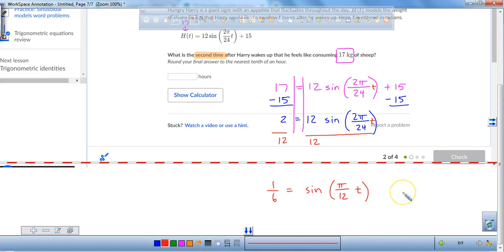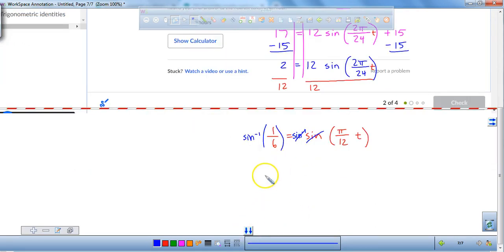Now this is where we need to take the inverse of sine. We're going to take the inverse of sine on this side, and on this side, so those cancel out, and we are left with pi divided by 12 times t equals whatever this ends up becoming.